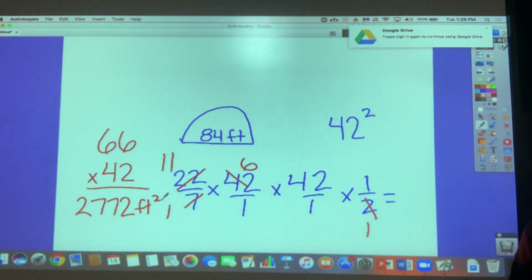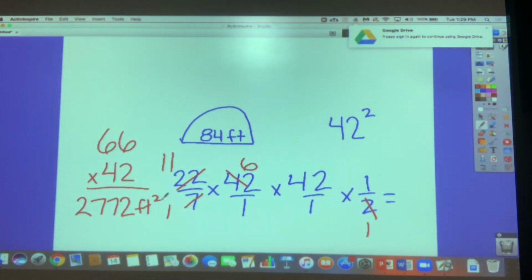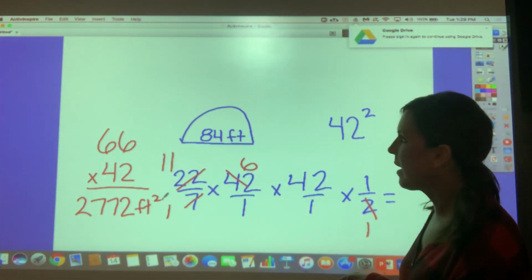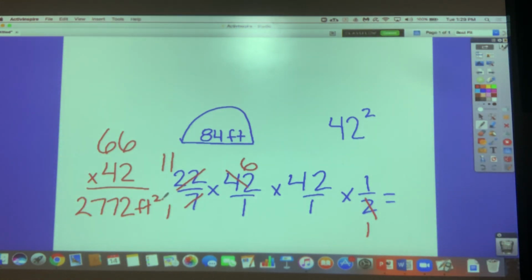So again, by writing 42 times 42 out, rather than working it out first, it just saved us some time. All right, let's do another one.